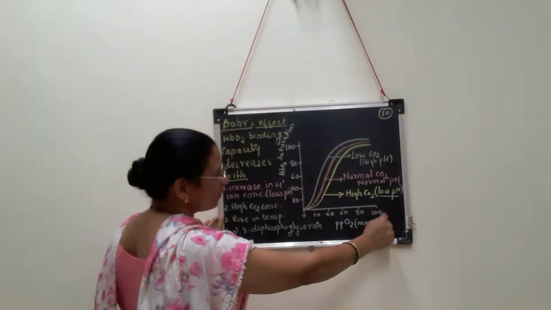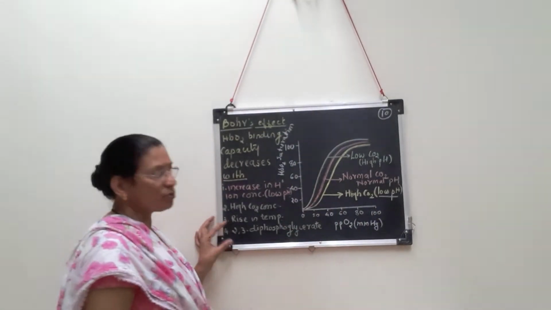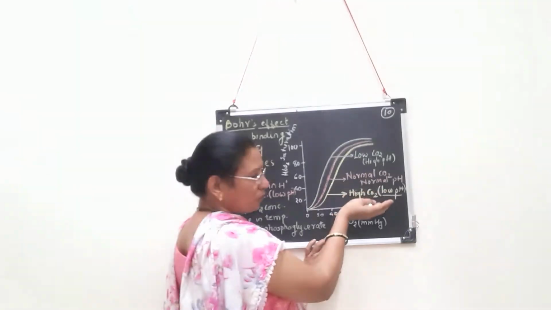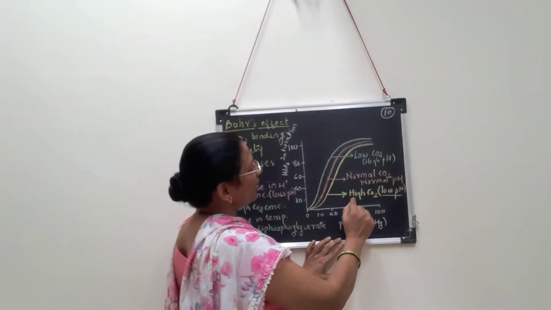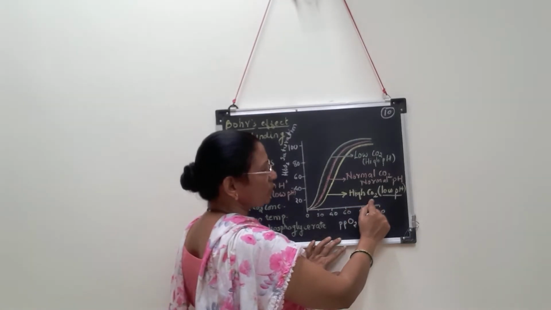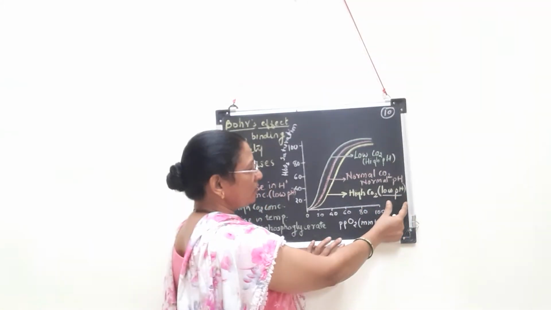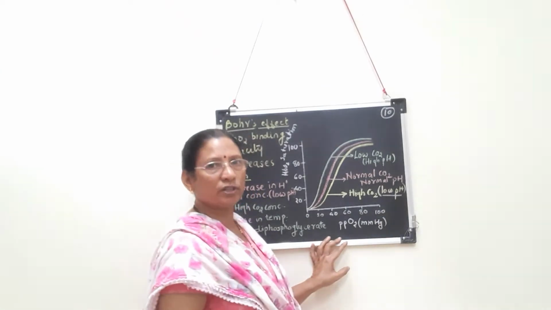Now what does this diagram show? This yellow colored curve, which is shifted downward, shows that a high concentration of CO2 and low pH, that means an acidic environment, is the reason for shifting of the oxygen dissociation curve.